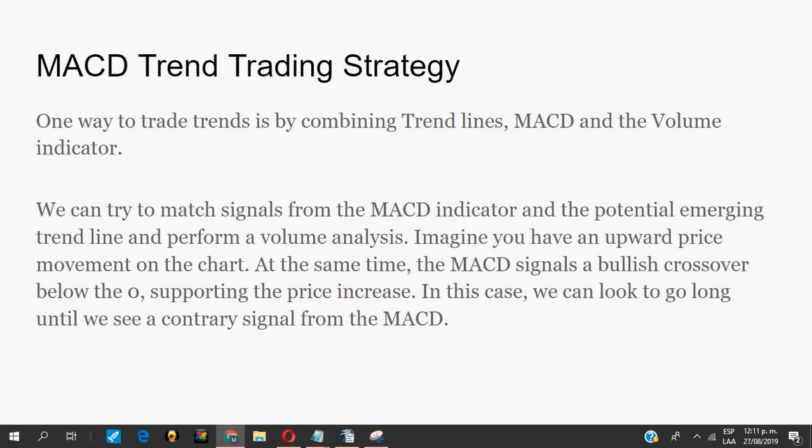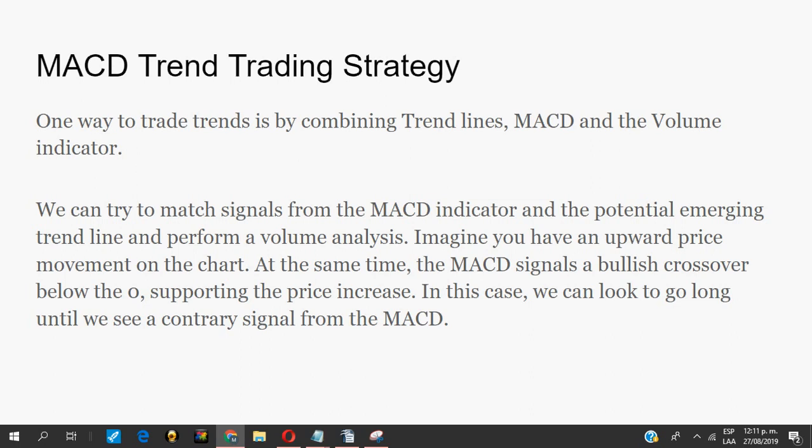MACD trend trading strategy. One way to trade trends is by combining trend lines, MACD and the volume indicator. We can try to match signals from the MACD indicator and the potential emerging trend line and perform a volume analysis. Imagine you have an upward price movement on the chart.